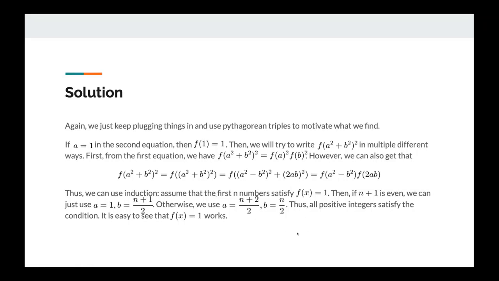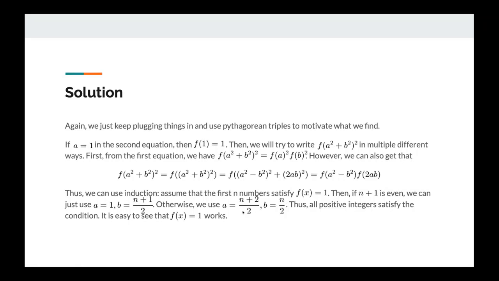Otherwise, we can use a equals n plus 2 over 2 and b equals n over 2, and similarly, both of these are less than n, so the left-hand side is 1, and the right-hand side is 1 also. And that means that f of a squared minus b squared equals 1.